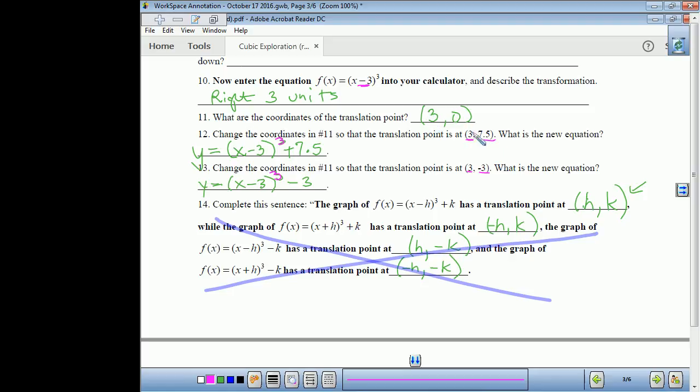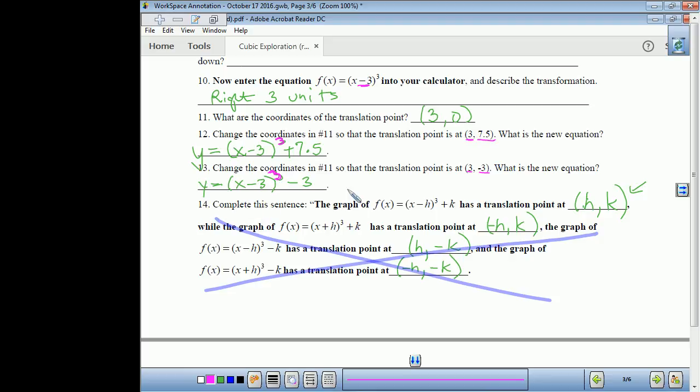So if we wanted it to go right 3 and up 7.5, we'd need to put x minus 3 and plus 7.5. Okay, now I've highlighted these in pink because when we're doing cubic functions, make sure you're telling me it's a cubic by putting the little 3 there. That's how I know you mean cubic function.